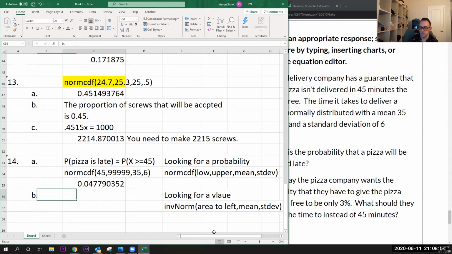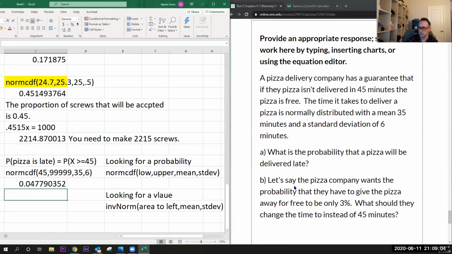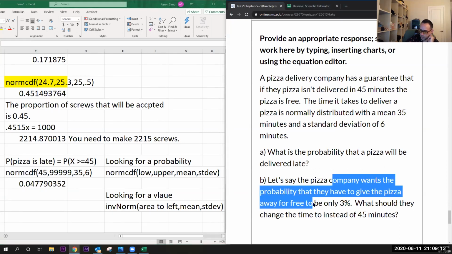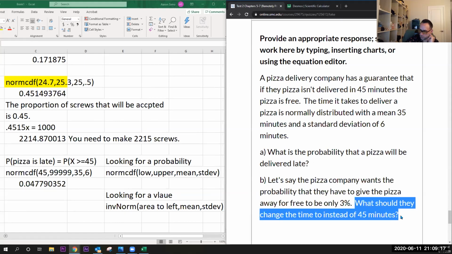So on this one, I'm looking for a value. So I'm going to use inverse normal. The question says, the pizza company wants the probability that they have to give a pizza away for free to only be 3%. What should they change the time to instead of 45 minutes?